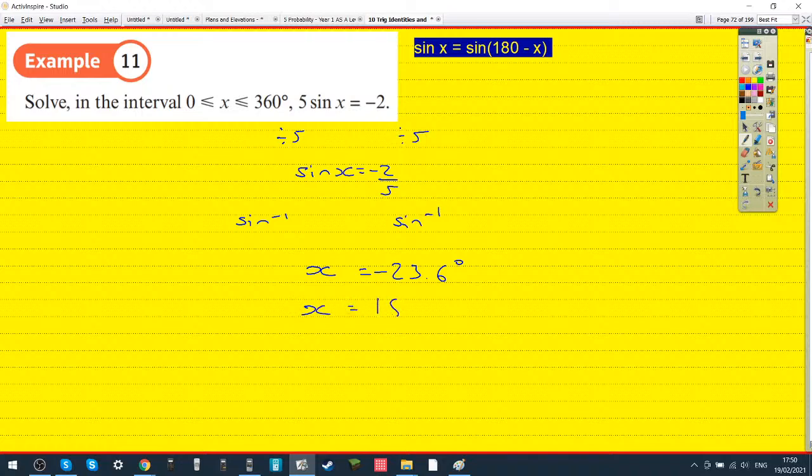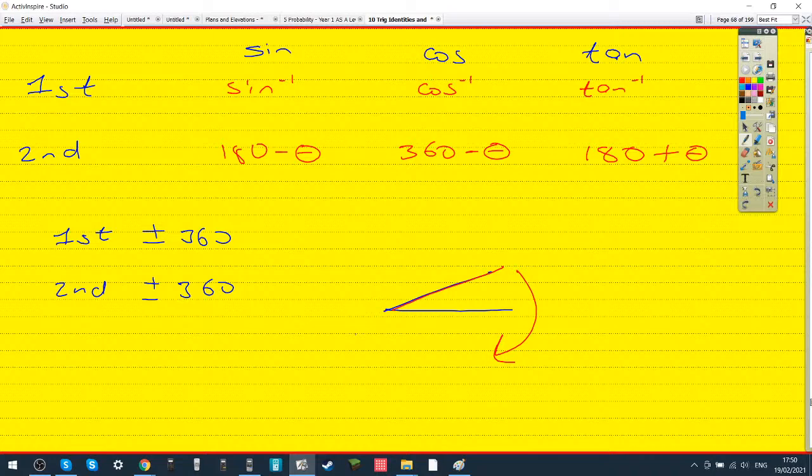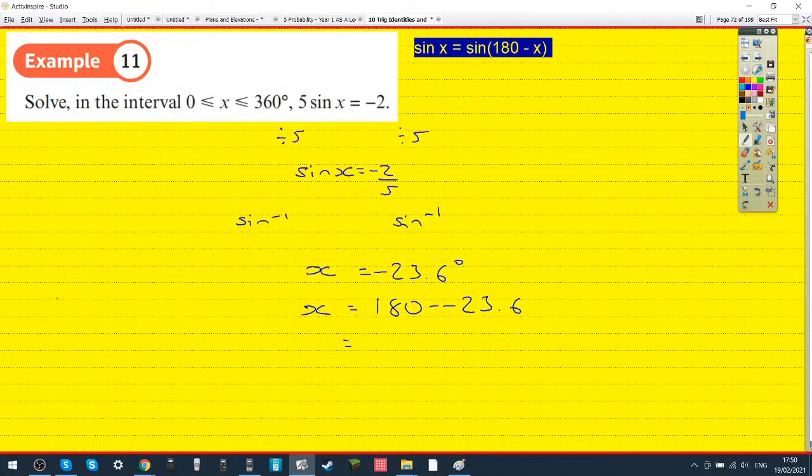Then we add 180, I think. That's for tan. For the third solution, for all of them, plus or minus 360. Yeah.